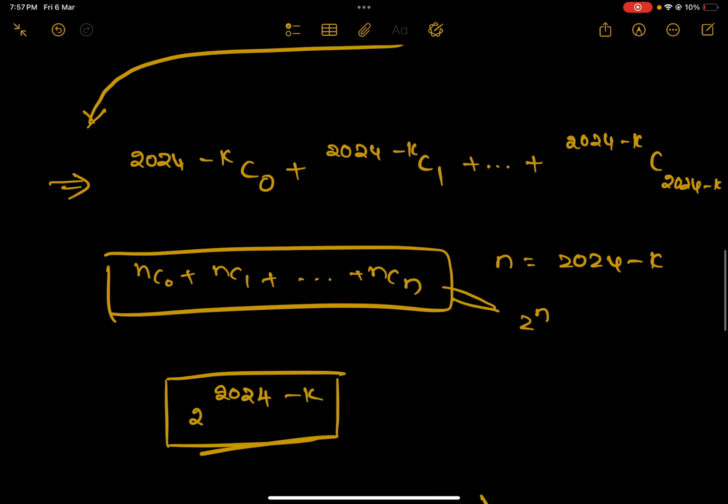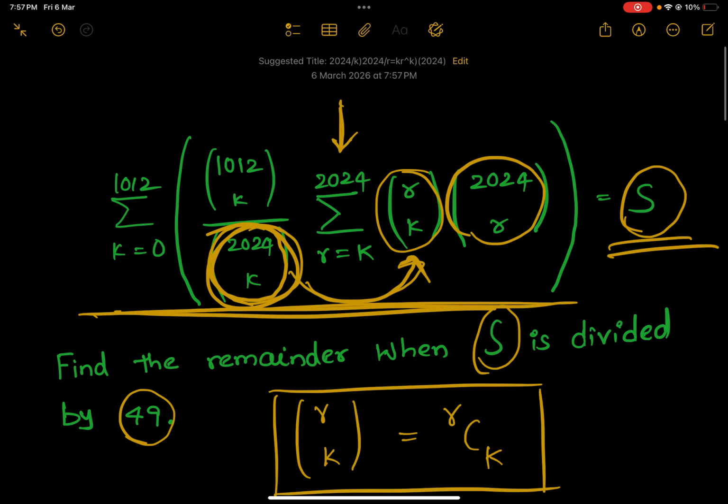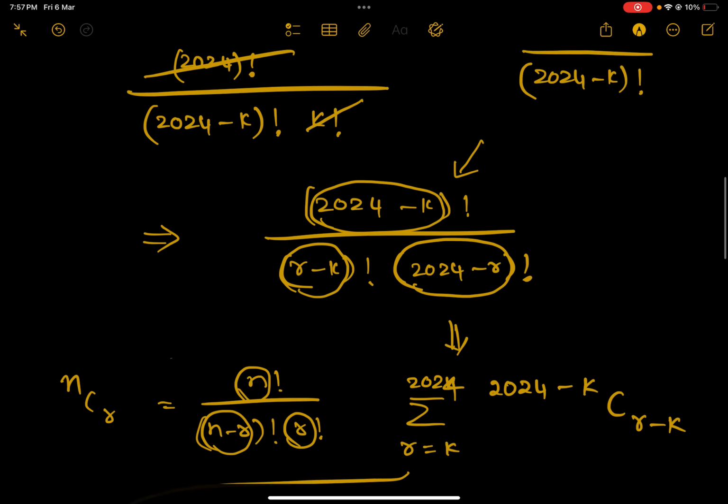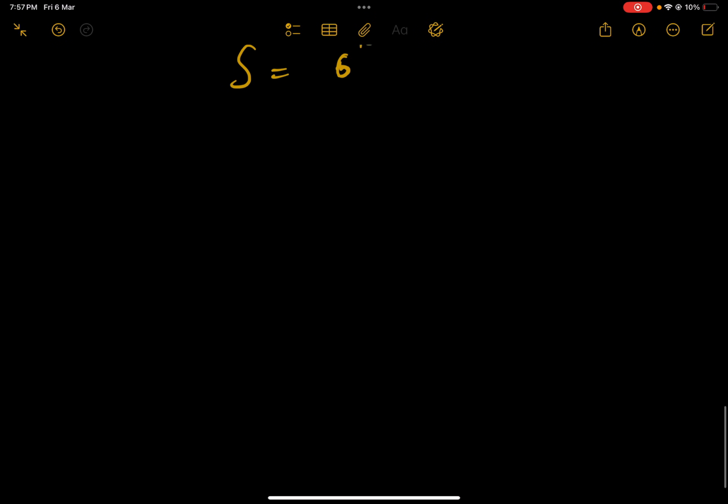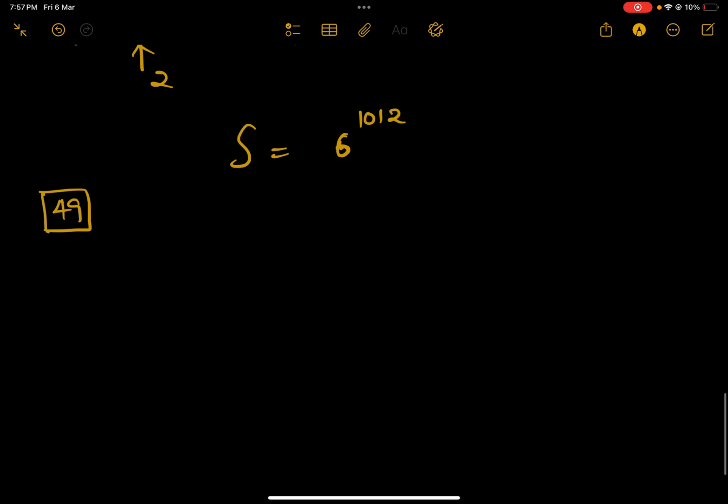Now what did they ask you? They asked you to find the remainder when it is divided by 49. Since they are asking about 49, which equals 7 square, let us write the binomial expansion as (7 minus 1) whole to the power 1012.